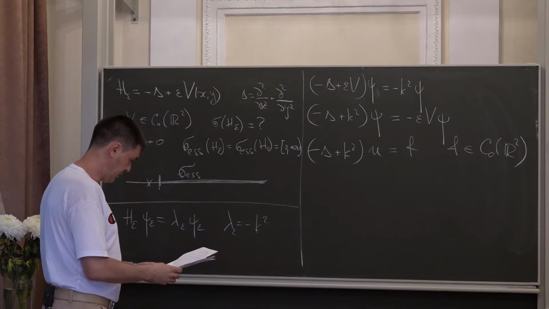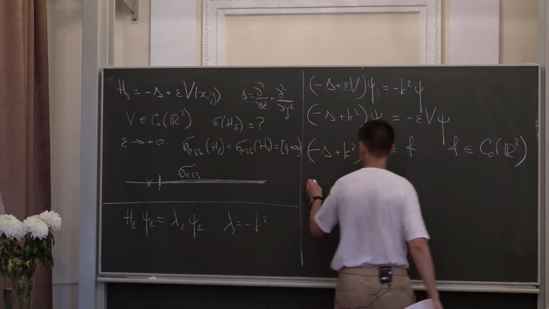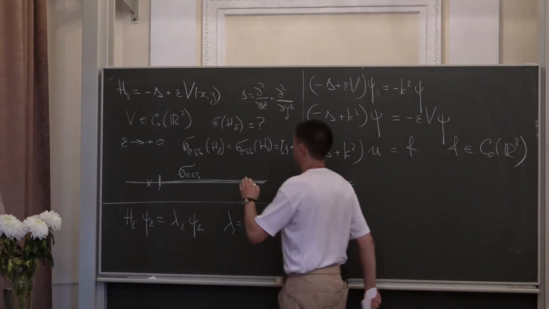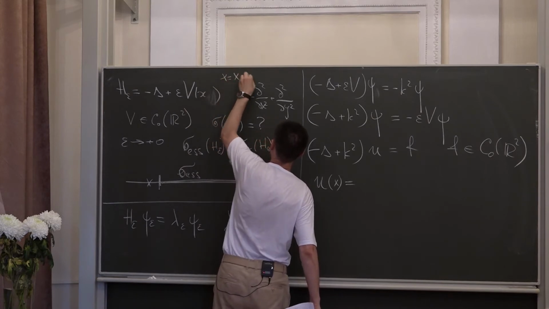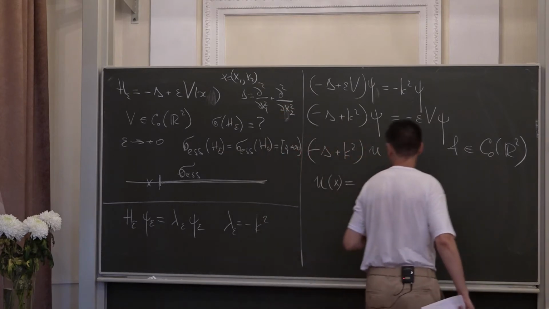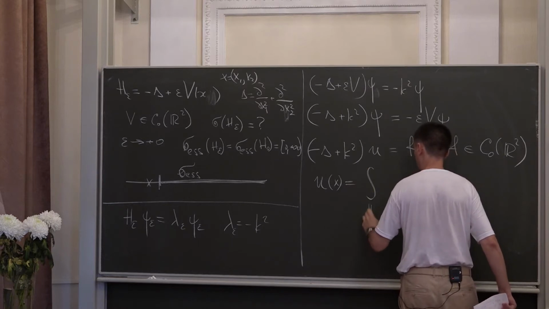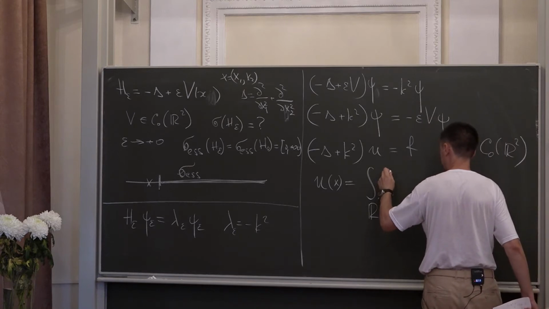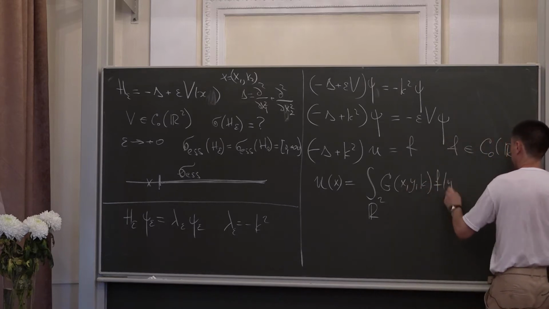As far as I remember, it's something like this: u of x, where x is x1, x2, and here I should also have y1, y2. Then u of x is a convolution with the corresponding fundamental solution, of such form, f of y dy.